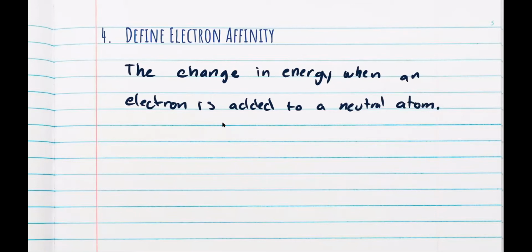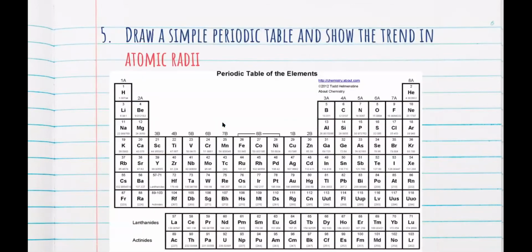So you can kind of think about electron affinity as the opposite of ionization energy. Now that we have our definitions, let's look at these patterns on the periodic table itself.